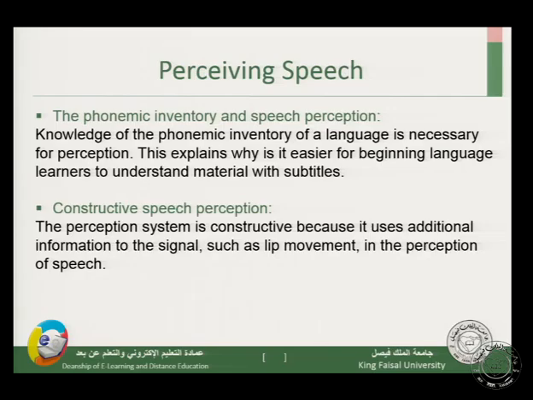But as you are listening to it, because you are not fully competent in the phonological system of English, you are not able to tell the meaning of this word. But as you are reading it and listening to it at the same time, it is easier for you to tell the meaning of the word if you have already been exposed to its meaning.